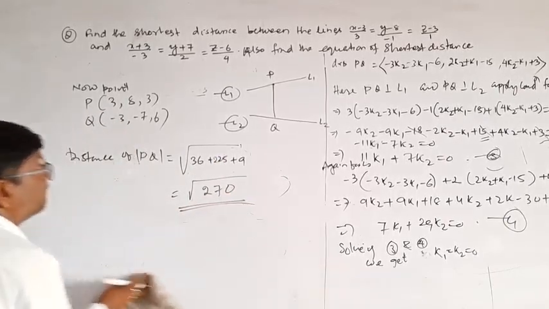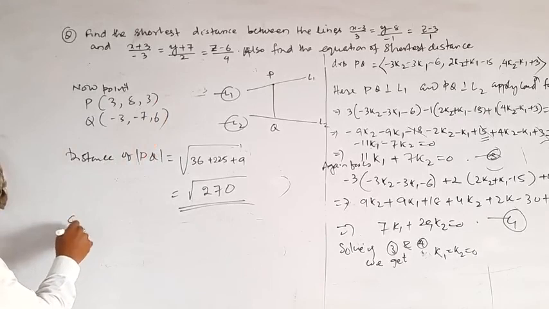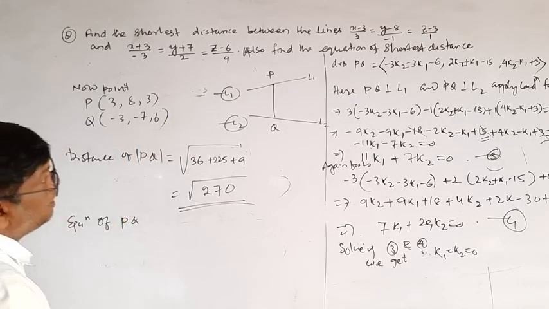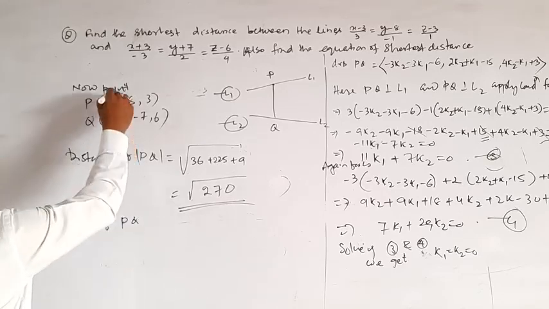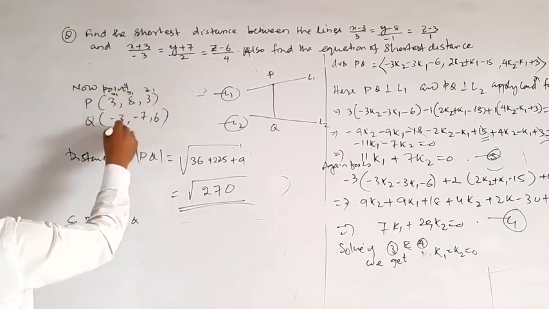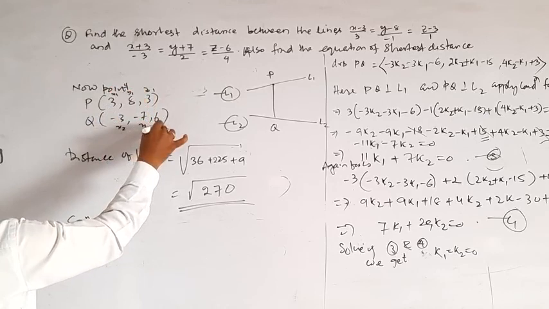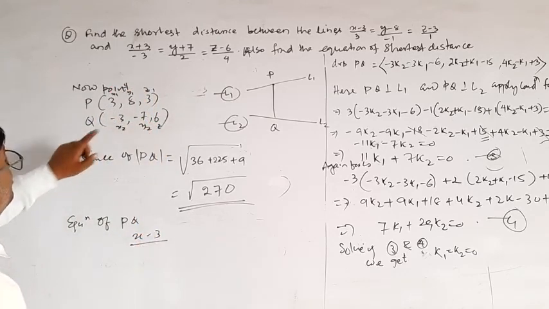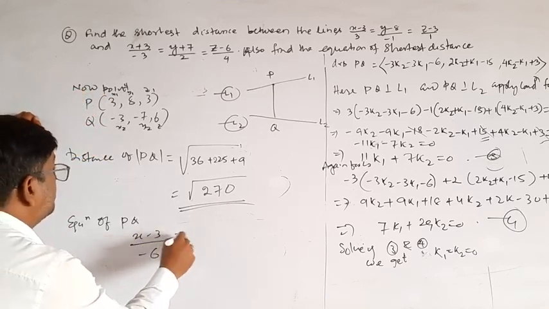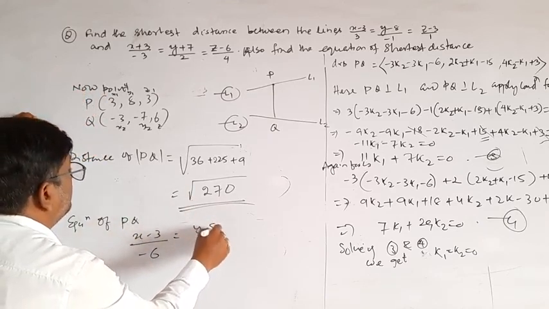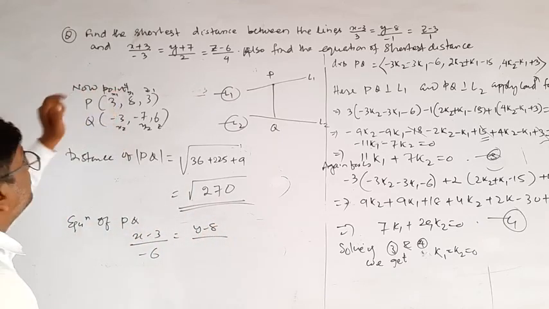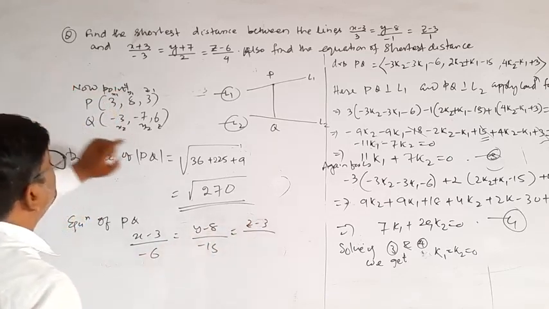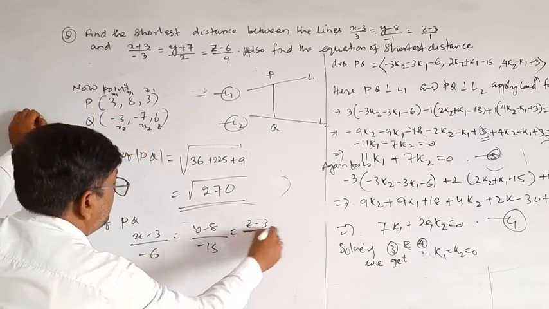Now equation of PQ, 2-point form, that is x1, y1, z1, and this is x2, y2, z2. So equation is x minus 3 divided by x2 minus x1, that is minus 6, y minus 8 divided by minus 7 minus 8, minus 15, z minus 3 divided by 6 minus 3, so 3.